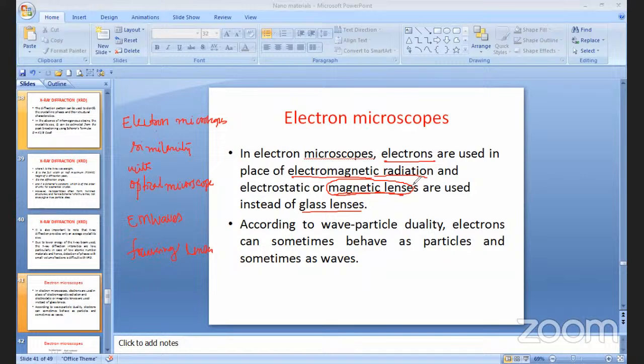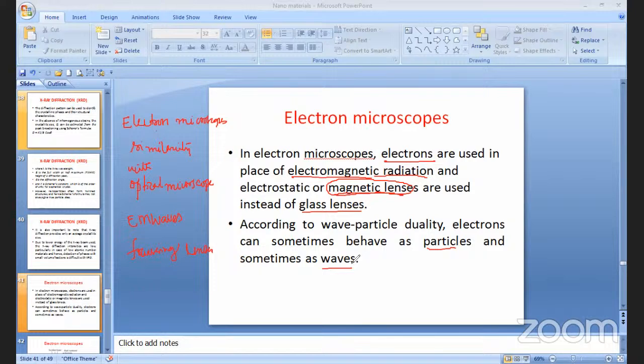According to what we call wave particle duality, that is de Broglie wave particle duality nature, electrons can sometimes behave as particles, and sometimes they can behave as waves. So according to this wave particle nature, electrons sometimes behave as particles, and sometimes as waves.